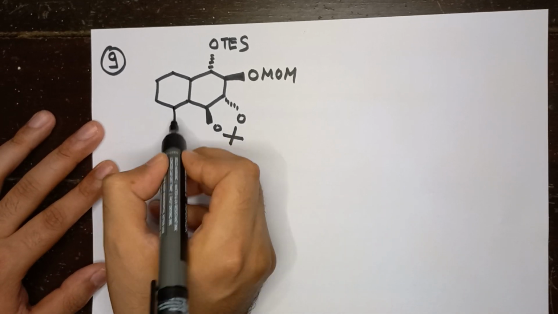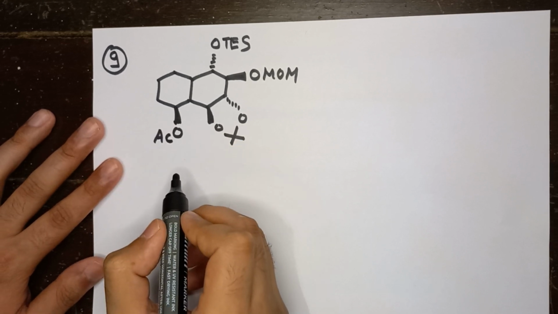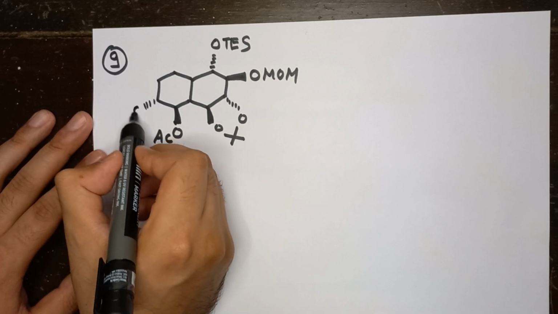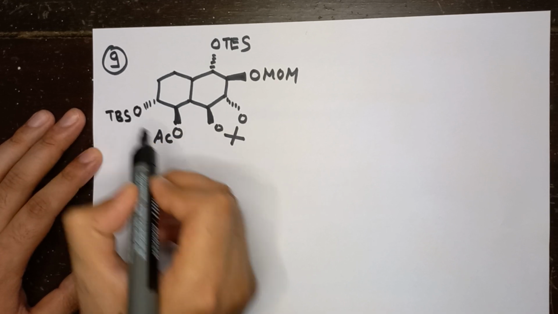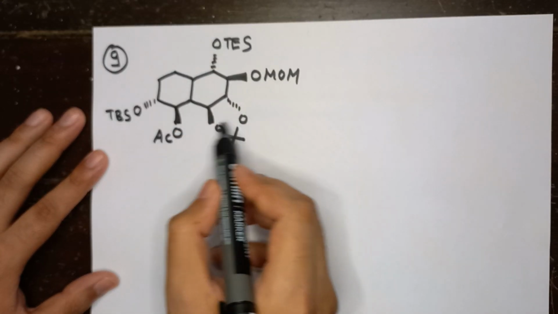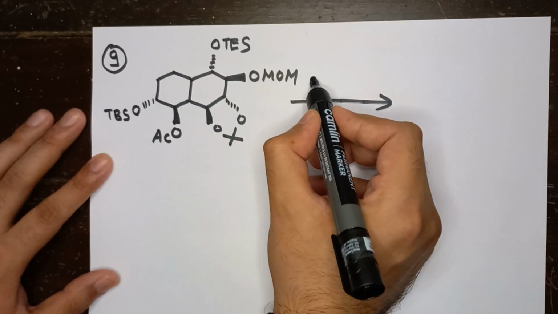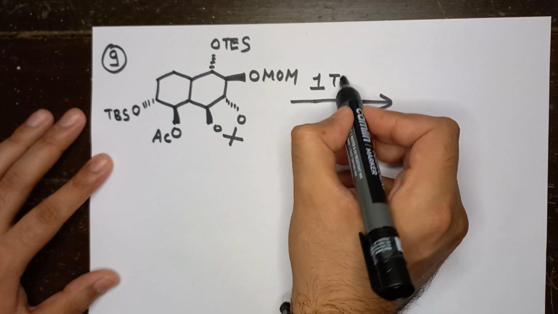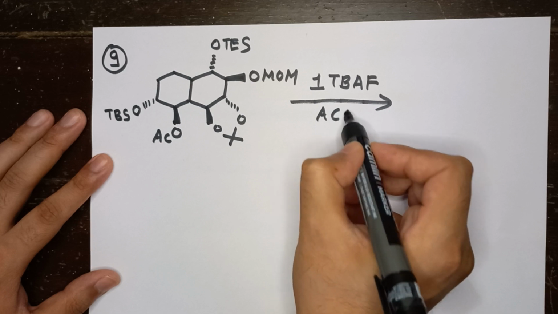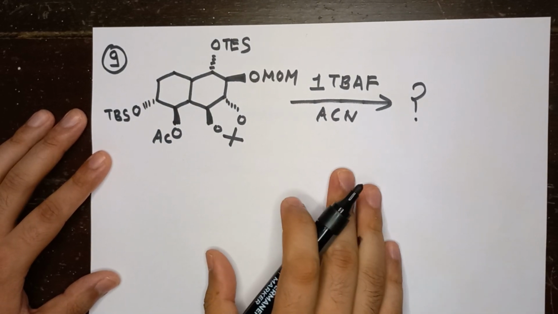Then we have an OAc group. We also have an OTBS group. So these are all the protected alcohols we have, and we are using just one equivalent of TBAF in ACN. So what is the product? Feel free to pause the video and try to solve this reaction.